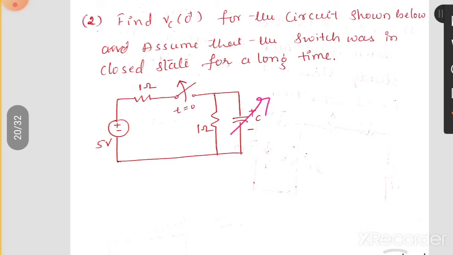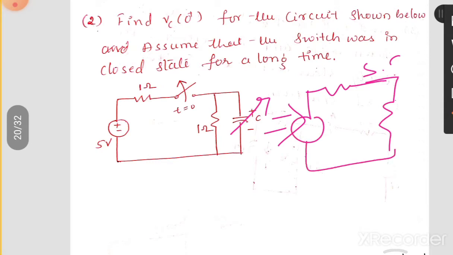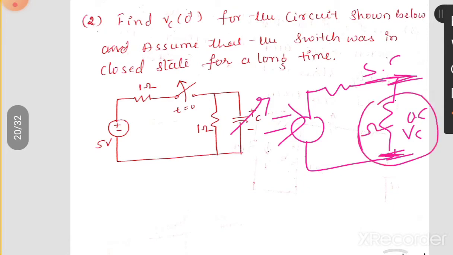Now the entire circuit becomes a resistance and voltage source with an open circuit. Across the open circuit we get Vc. Vc is nothing but the voltage across this 1 ohm resistance. So here you can take Vc of 0 minus, just before the switching action.